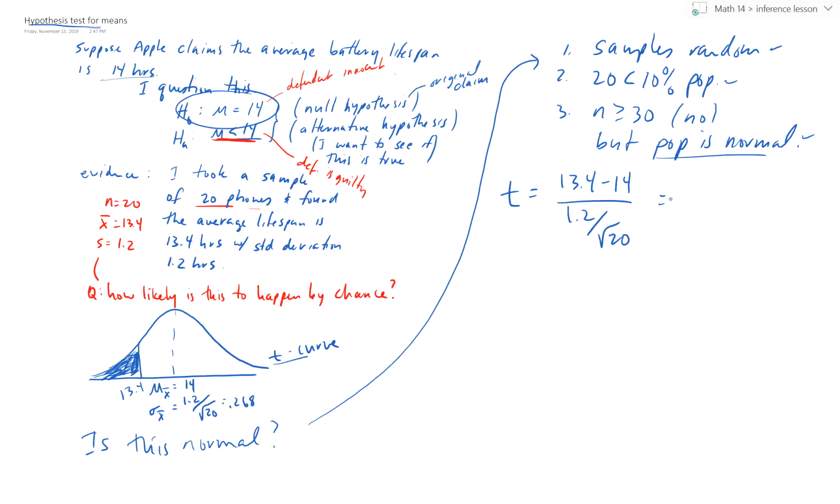For our test, we're going to do what's called a t-test on our calculator, and it's stat, and then test. If you do that and go down, t-test is number 2.